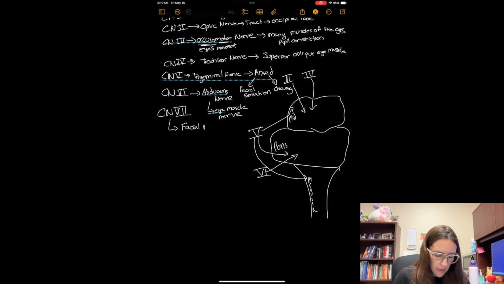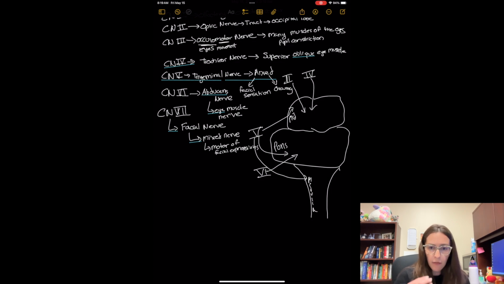This is another mixed nerve where we're going to be controlling a lot of different things, but when we're thinking about it, it's going to be controlling the motor of my facial expressions, and other such things. And then we're going to see a lot with the mouth.